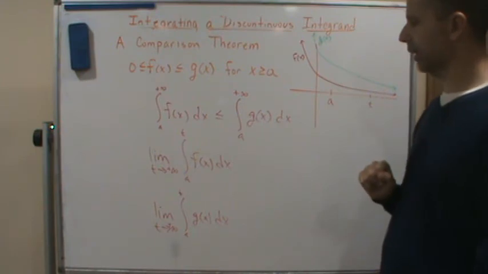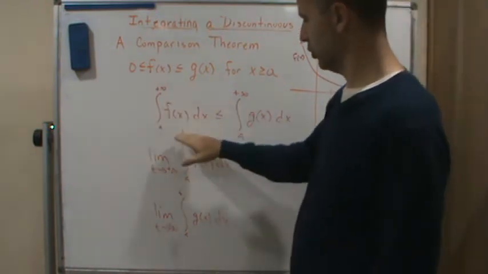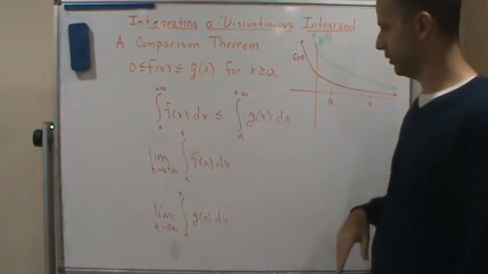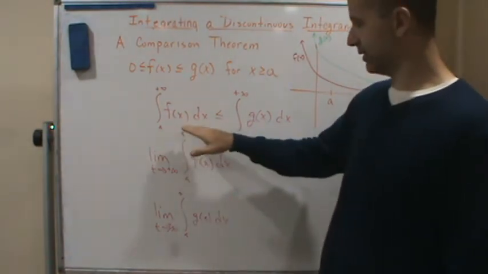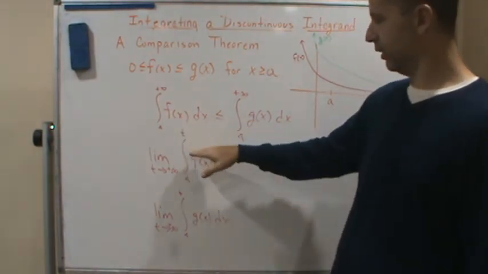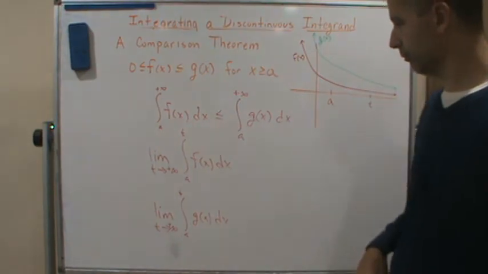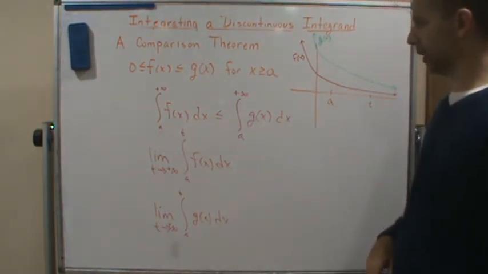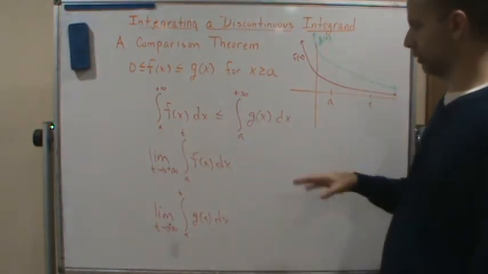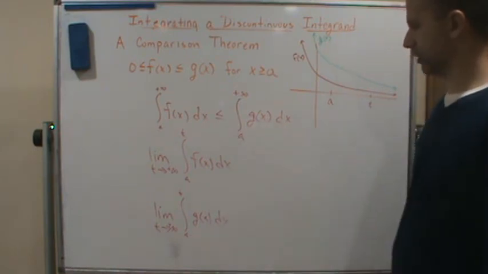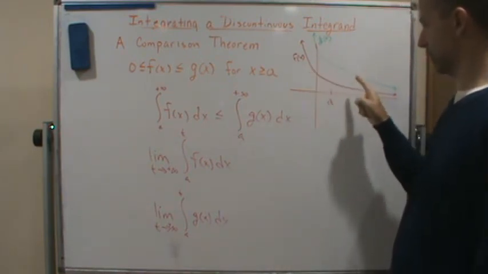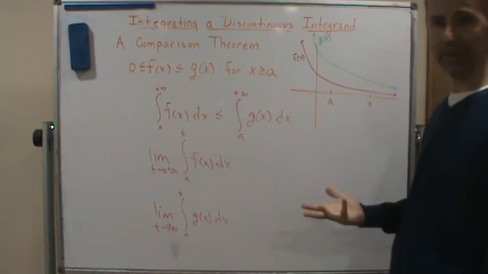And if this is true, the areas under each curve have to act the same way. The area under the g curve over this interval has to be greater than or equal to the area under the f curve, because the graph is over. So that makes sense.